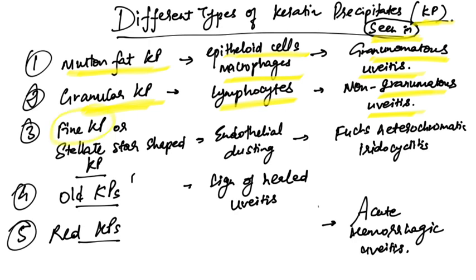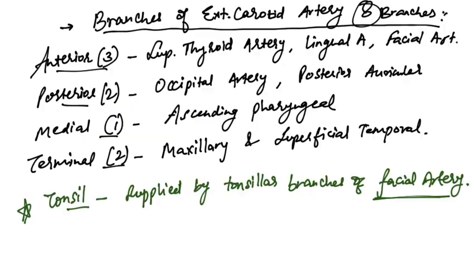Now, fine KPs or stellate star KPs consist of endothelial dustings, and they are seen in Fuchs heterochromic iridocyclitis. Now, old KPs are signs of healed uveitis, and red KPs are seen in acute hemorrhagic uveitis.